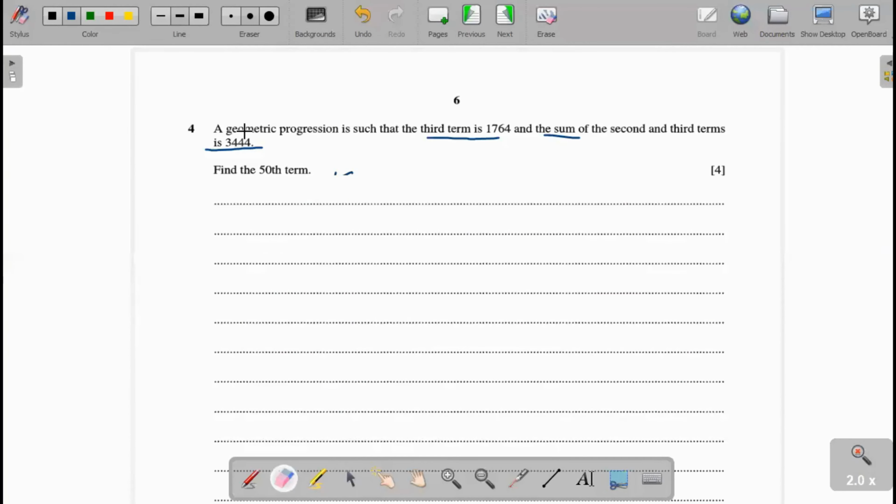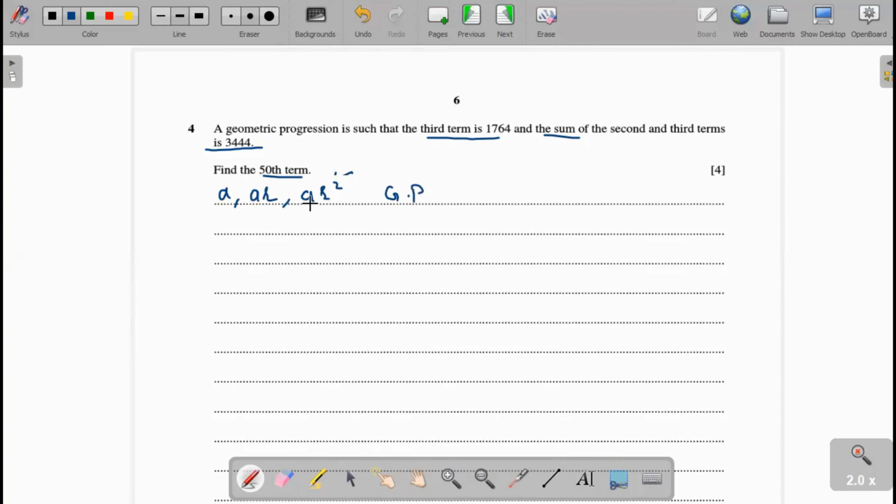This is the answer. Next question: a geometric progression is such that the third term is 1764 and the sum of the second and third terms is 3444. Find the 50th term. Now we suppose that the first term is a, the second is ar, and the third is ar².